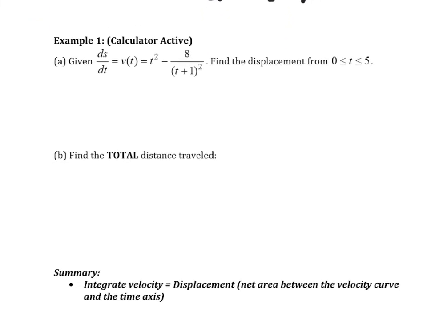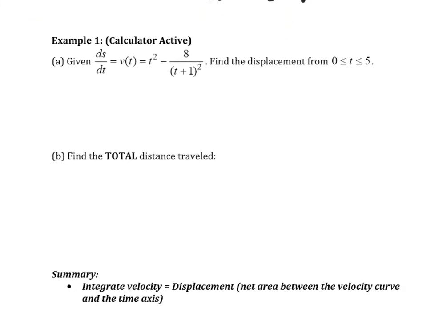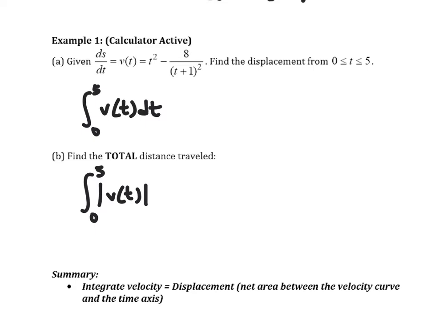Alright, so let's get our calculators active here and find the displacement. Okay, so we'll do from 0 to 5 of this function v of t dt, and do the same thing, except let's find total distance using absolute value of v of t dt. Get an answer, and let's check them.